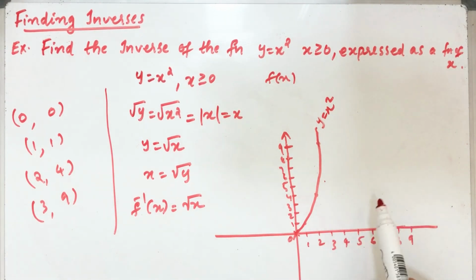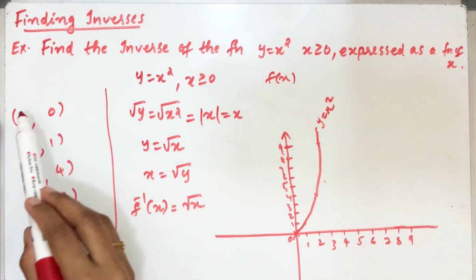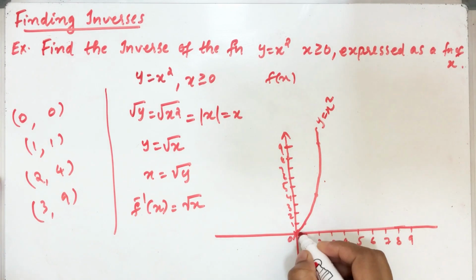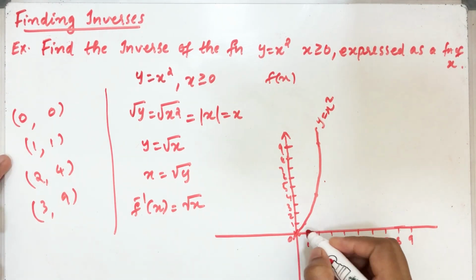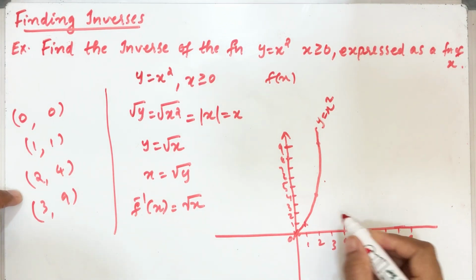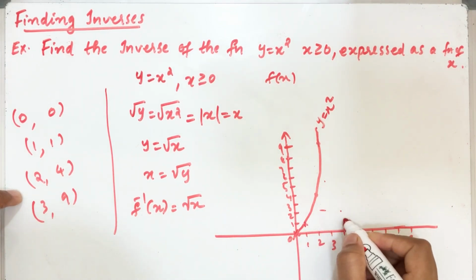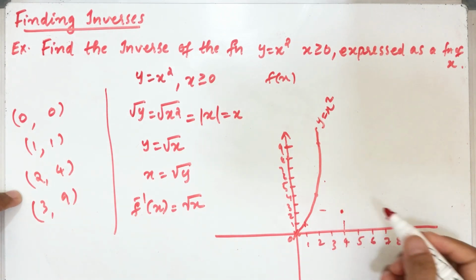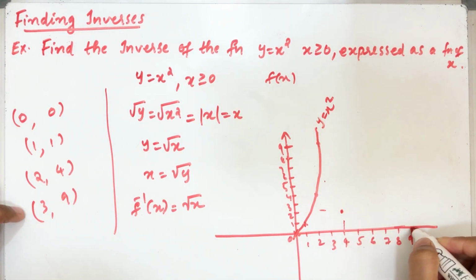Now we can draw f inverse of x. Just reverse these points. So we have 0, 0, 1, 1, 4, 2, and 9, 3.